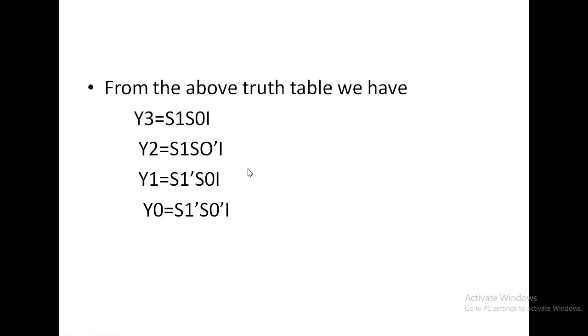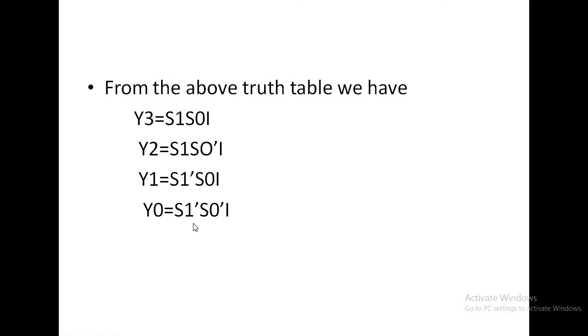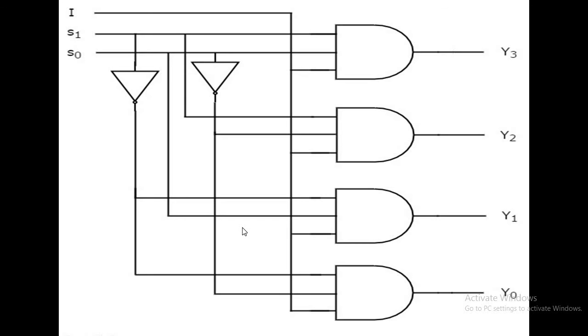What is Y1? S1 complement, S0, I. From S1, this is the NOT gate. Complement means NOT gate, so this line is S1 complement. Then S0 and I. This is Y1. And what is Y0? Both are complement: S1 complement, S0 complement.